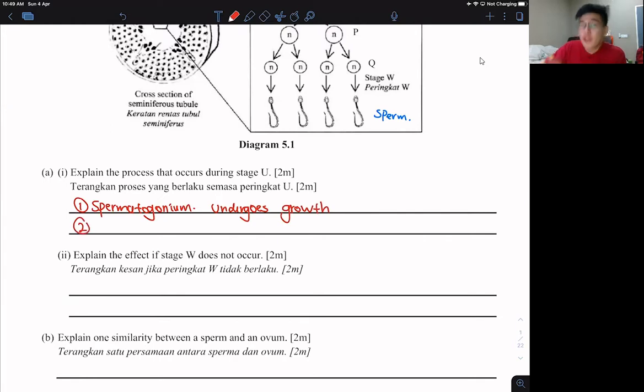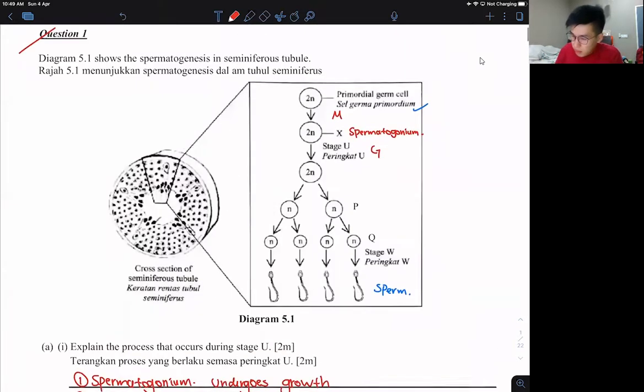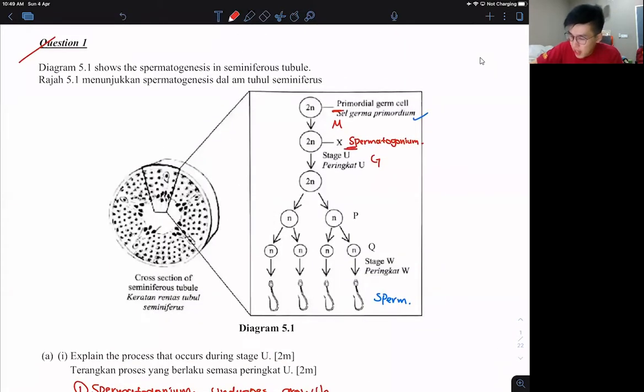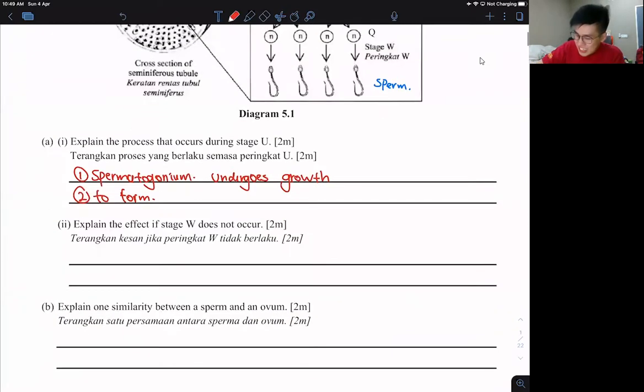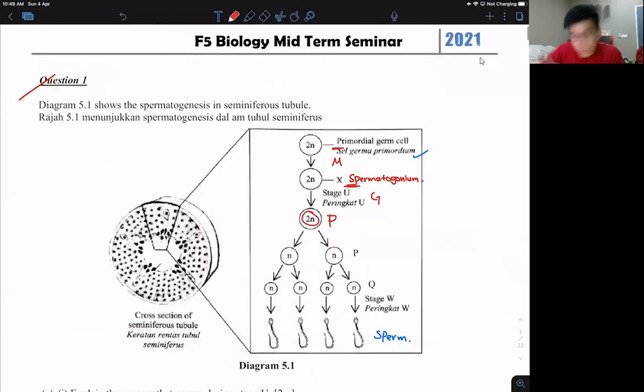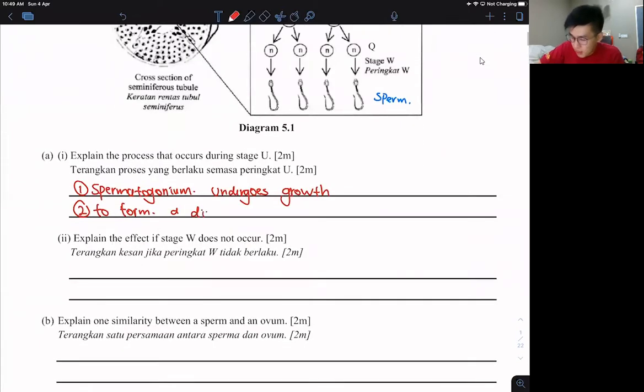If you mention what I form, that is another mark. To form the primary spermatocyte, again another mark. So you can see 2N, so you can write a diploid primary spermatocyte.